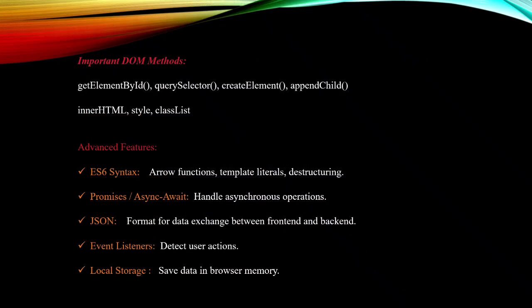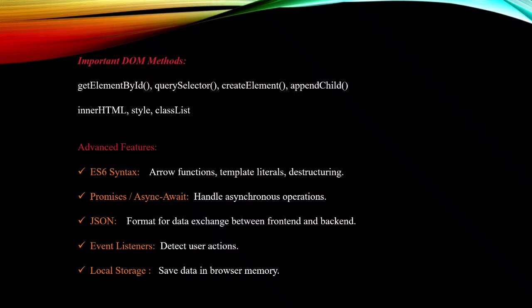Next are DOM methods: getElementById, querySelector, createElement, appendChild, innerHTML, style, classList. These are the important DOM methods. Advanced features of JavaScript are ES6 syntax, which includes arrow functions, template literals, concatenation of two arrays or the things you want to concatenate, and destructuring.